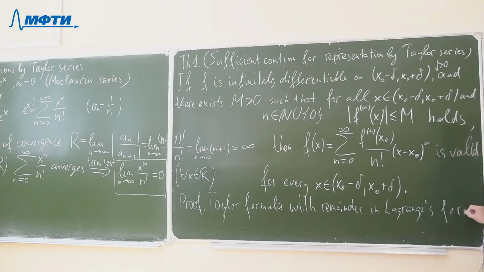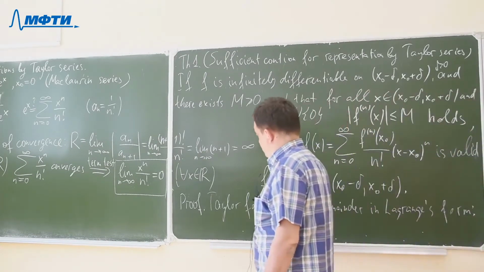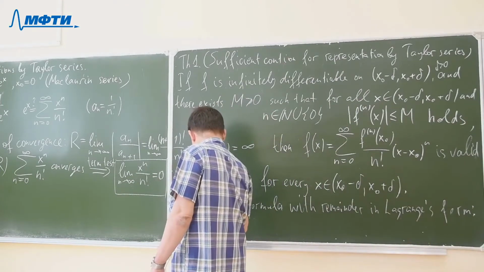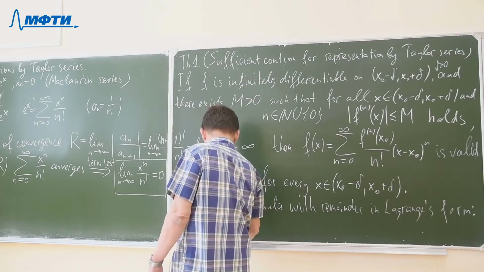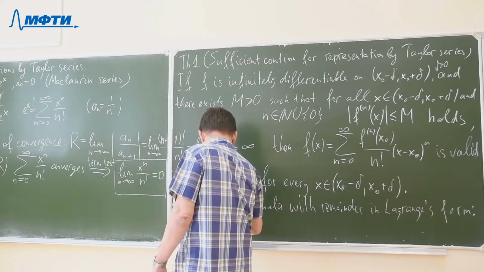What it says is that our function can be represented for arbitrary n.